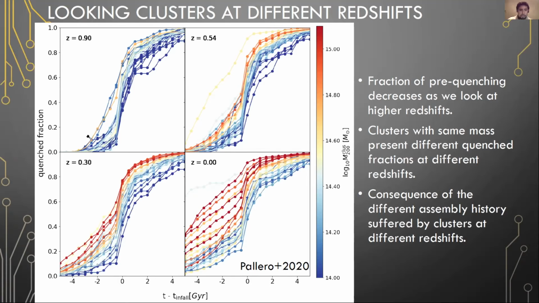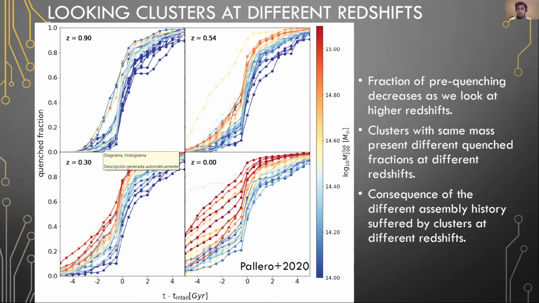So, for example, the most massive clusters that we have at redshift 1 are around 5 times 10 to the 14. And if we compare the evolution of that kind of cluster with one of the same mass at redshift 0, we can see that the fraction of pre-quenched galaxies is lower at high redshift. And we ask why, and the reason is that when we're looking at clusters at high redshift, we usually look at galaxies residing for the first time in a massive halo.